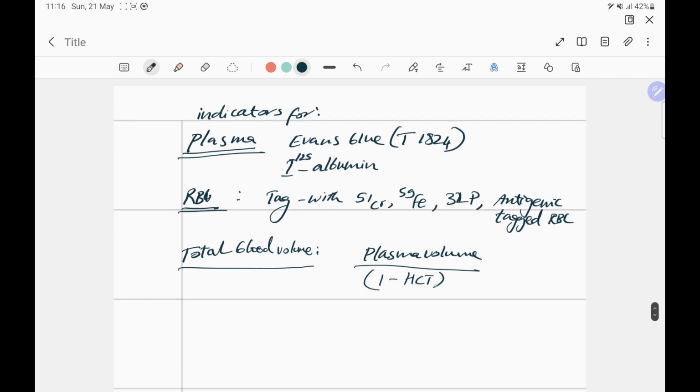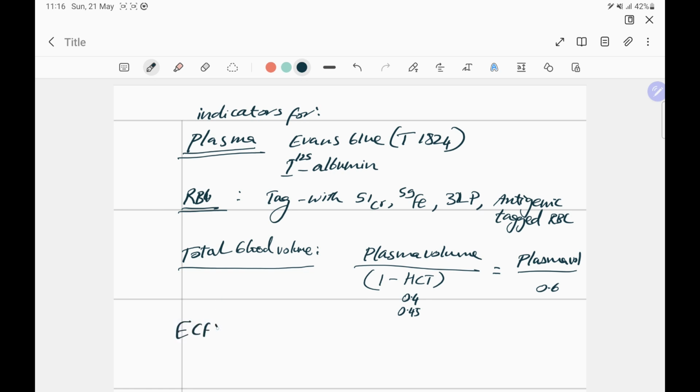We know hematocrit is around 40% or 45%, so that comes to 0.4 in some people, or 0.45 in males usually if they don't have anemia. So if we just do plasma volume divided by 0.6 in males, that would give me my total blood volume. So using some mathematics we can also calculate.